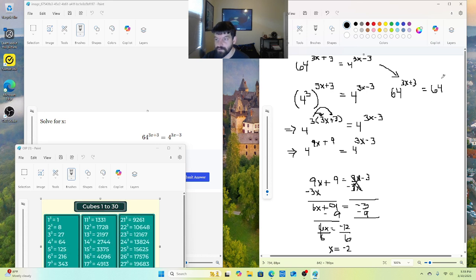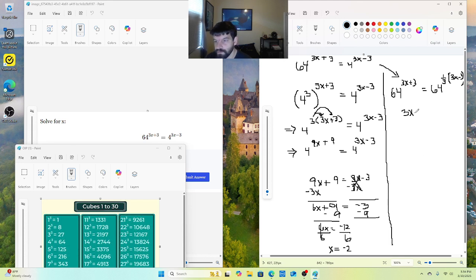But the only difference is that you would now be using more of a fractional exponent approach. But then you can still use this idea of distributive property, and then you can solve for x like that. Okay, and then this one, I'll go through the steps here.